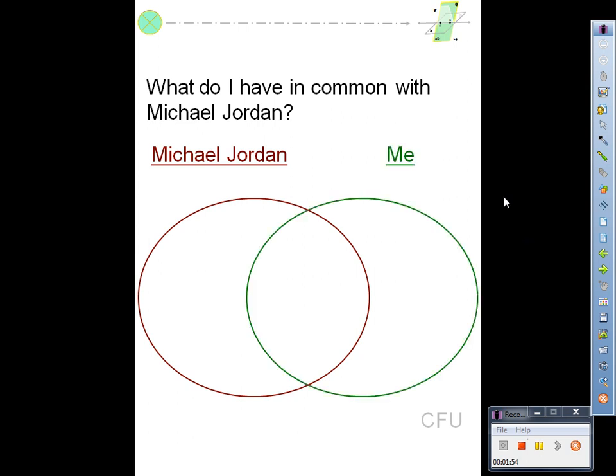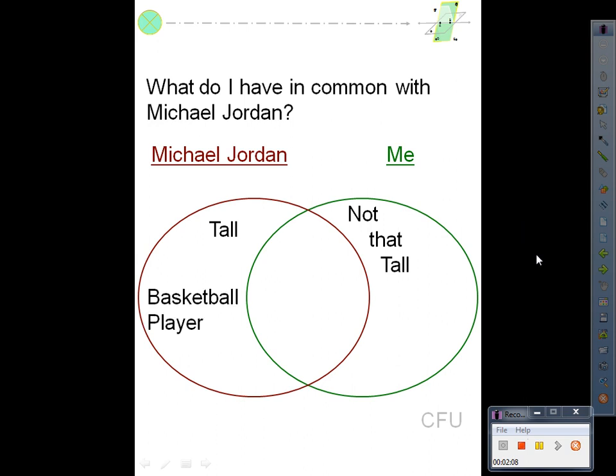So let's see. First thing. Michael Jordan is tall. Well, guess what? I'm not that tall. Michael Jordan is a basketball player. Well, guess what? I'm a teacher. So do we have anything in common yet? No.